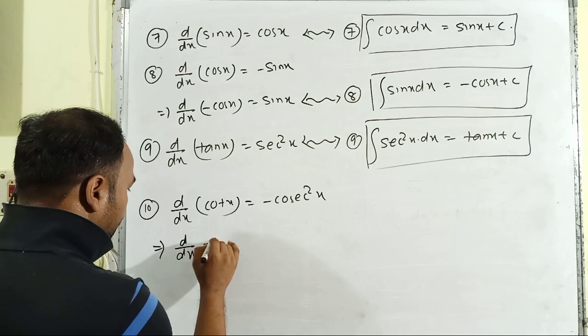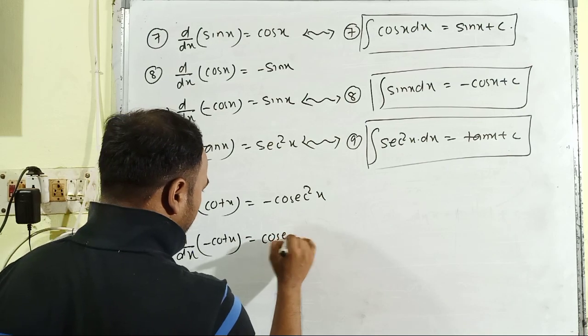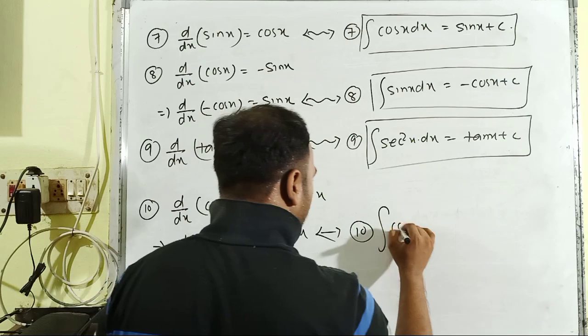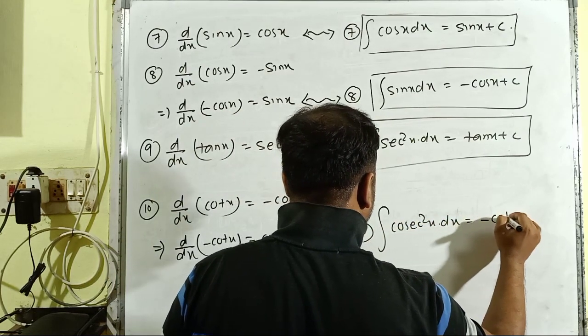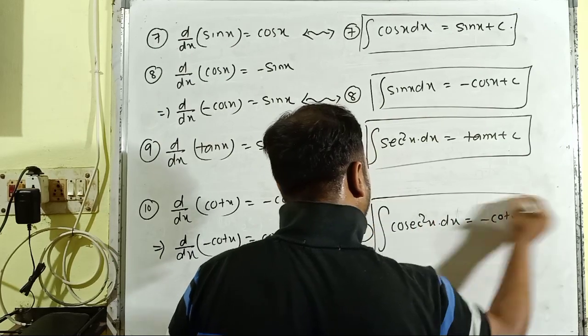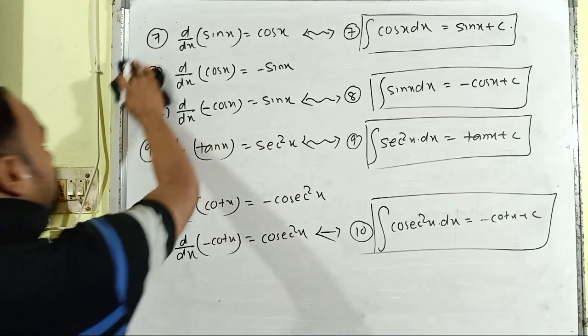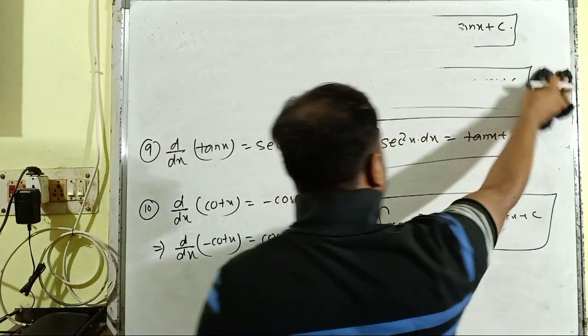Differentiation of minus cot x with respect to x is cosec square x. So just reversing this, we can have the integral of cosec square x with respect to x, it is minus cot x plus c. Then let us move towards the rest of the formulas of the integration topic.